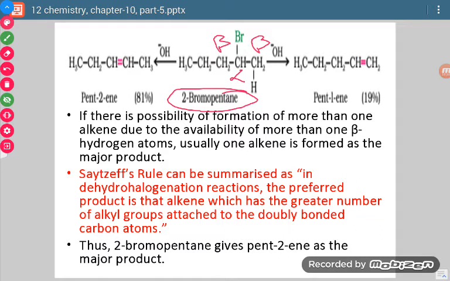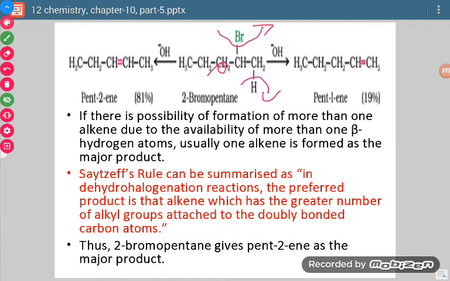Now one group will come out from the alpha carbon, that is halo group, and the second group may come out from either this or from this. So there are two possibilities of products. First of all we will write both the products formed.